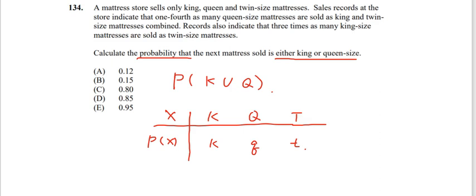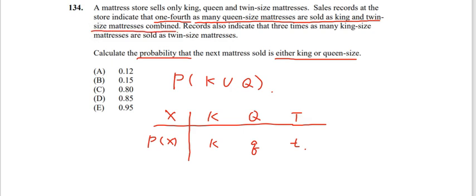So this is 1/4. So here, we just change those into math. As many queen size are sold as 1/4 of king and twin combined. So we just convert this sentence into a math equation.